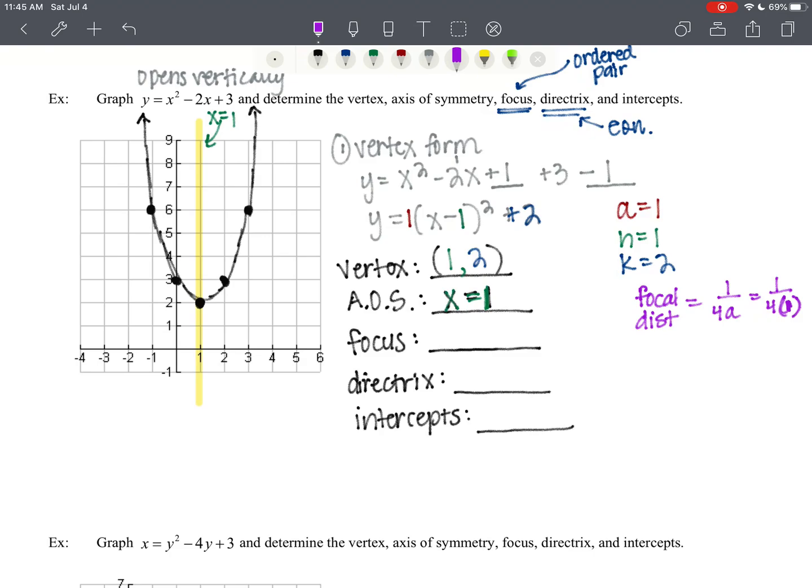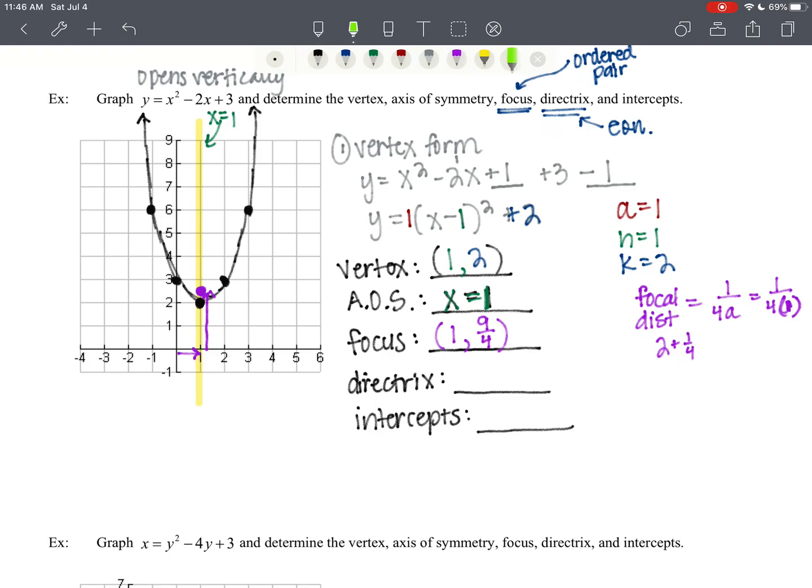So 1/4 of a distance away. So 1/4 would be right about there. So it's above the y value of 2. So I'm going to go right 1, and then we're going to go up 1/4. So 2 plus 1/4 is 9/4. We never use mixed numbers, so either decimals or improper fractions.